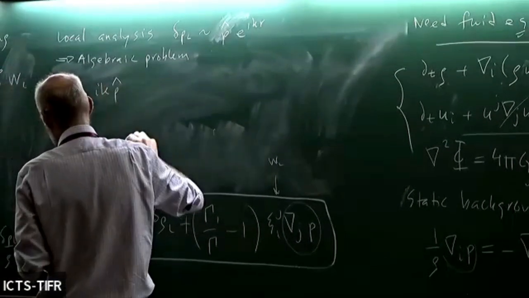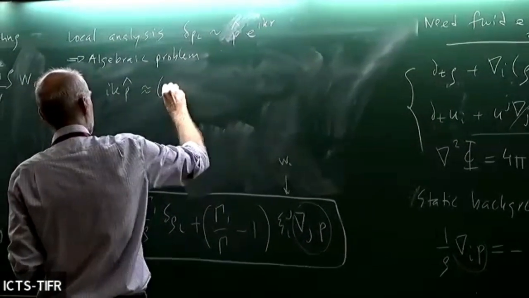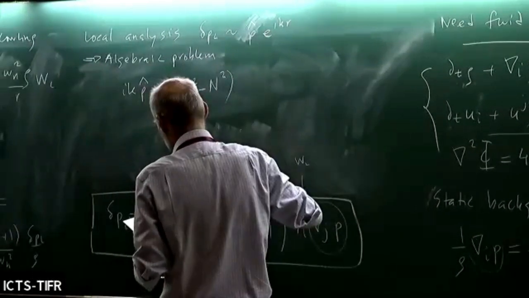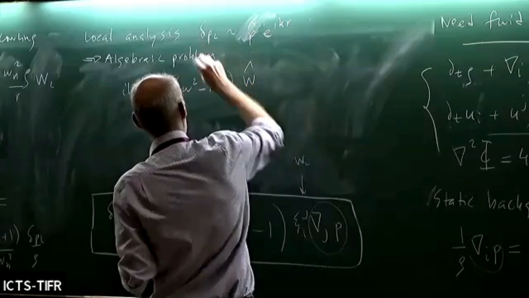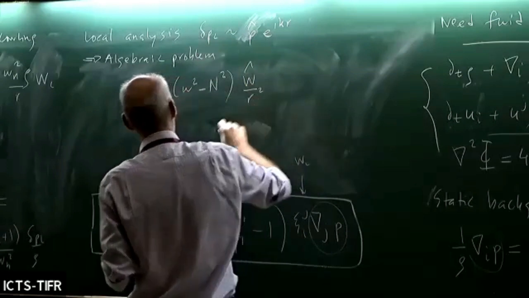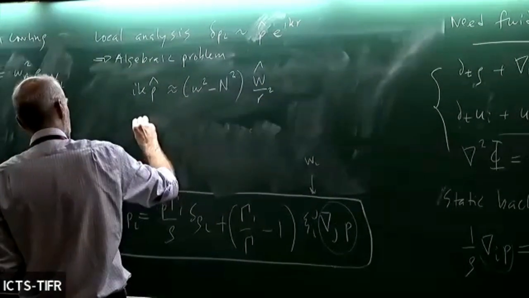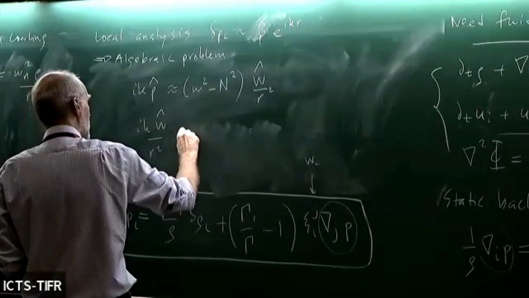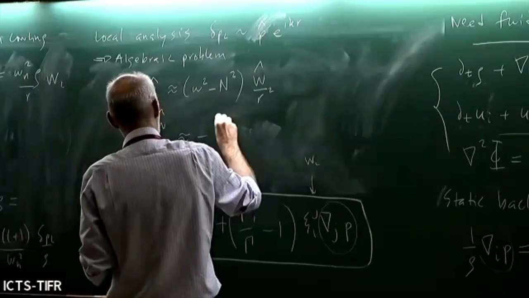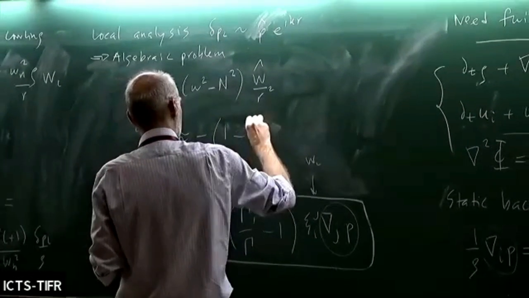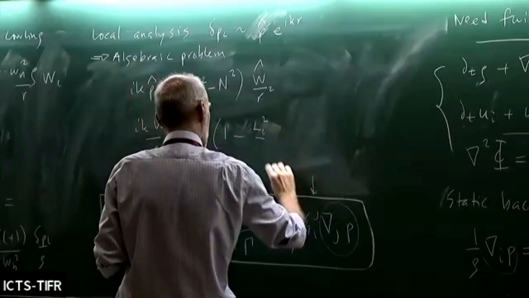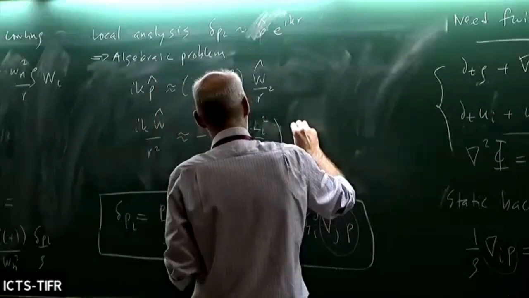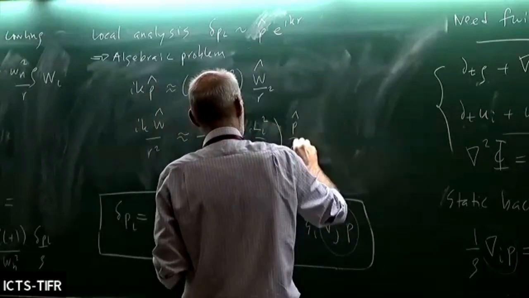For that p hat, I just get the omega squared minus some new thing n squared, the WL hat over r squared, and then for that W, I just say ik W hat over r squared again is something like minus 1 minus L squared over omega n squared p hat sound speed.